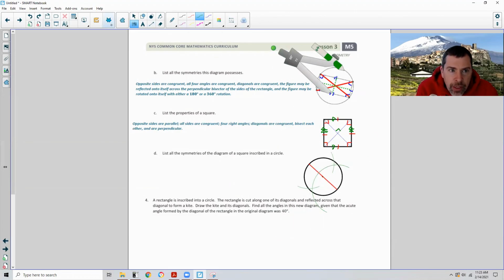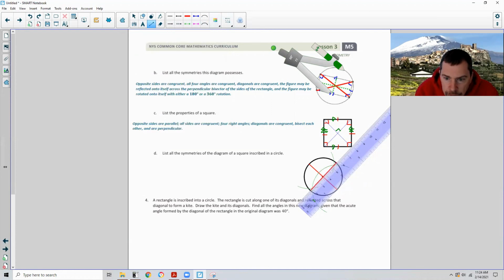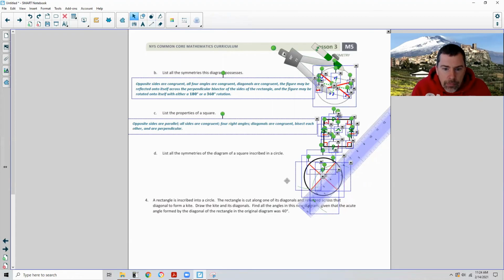Okay, then I'll use a ruler this time, and I line up my arcs, then draw this segment going through those like so.